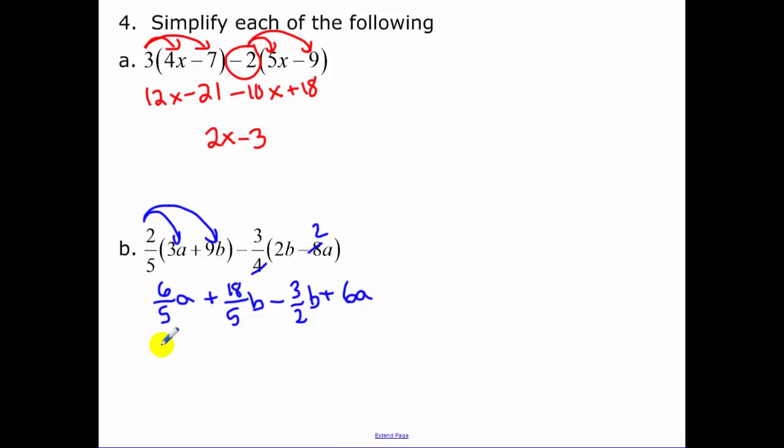Now combining like terms. I need to get a common denominator. The common denominator is going to be over 5. So I have 6/5 a plus 30 over 5a. I multiplied this 6a times 5 over 5. Now common denominator between those two terms is going to be 10. So I'm going to multiply 18 over 5 times 2.